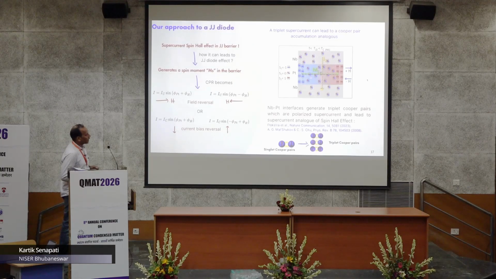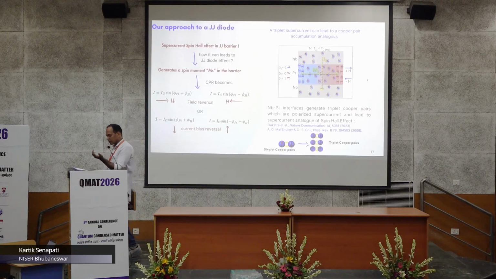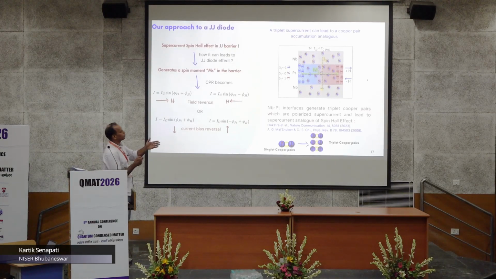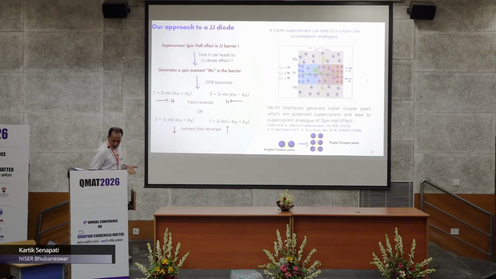This can happen either if you change the current direction, or, keeping the current direction fixed, if you change the magnetic field. So for a fixed bias current, plus field and minus field can also give you an asymmetry in the response. That way one can get a field-tunable diode effect.